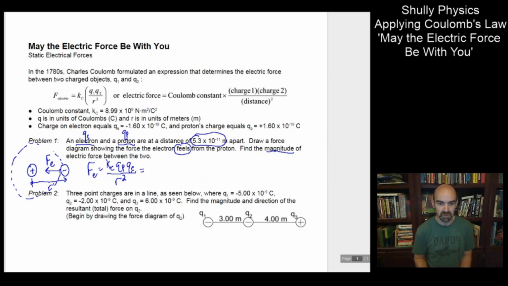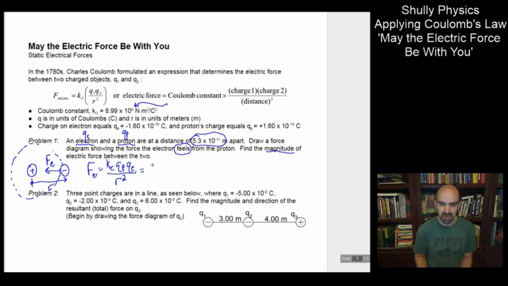What is the force going to equal? I like circling things just to make sure we all know what we're talking about here. Equals Kc. Now remember, Kc is like pi. It's a constant, like 3.1415926. I guess that's it. So that is pi, but this one's not pi. This is the Coulomb constant. So we're going to insert our Coulomb constant value, 8.99.